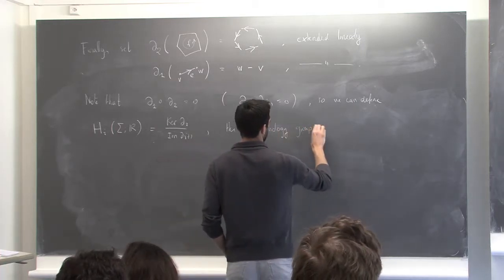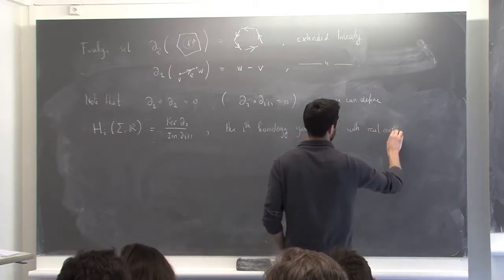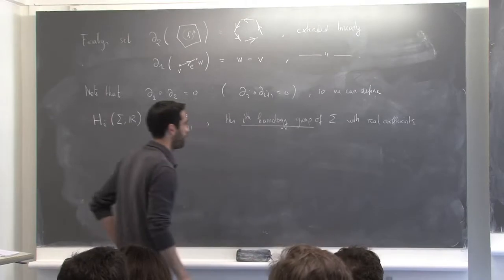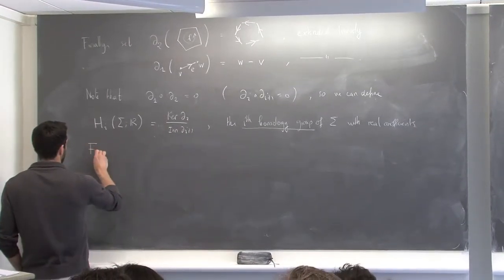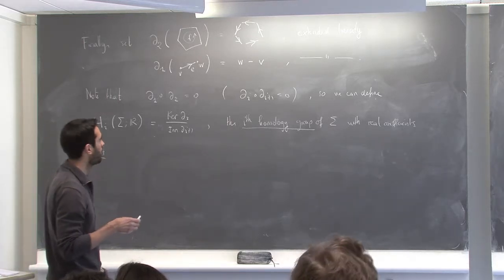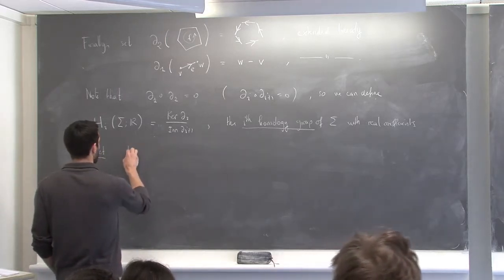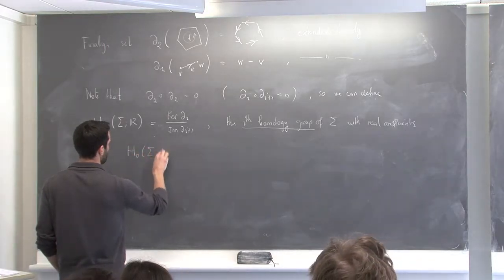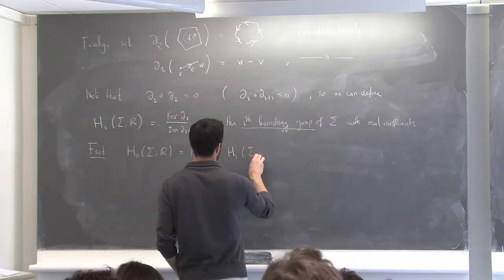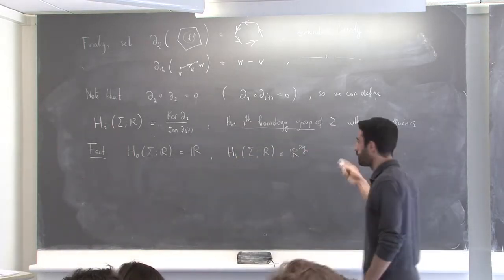Of sigma with real coefficients. And now the fact that makes the whole theory worth it is that in the setting that I had given here, we have that H0 is always one-dimensional, H1 is always 2G dimensional, where G is the genus of the surface.